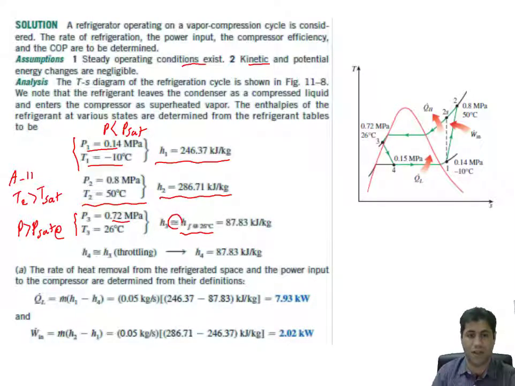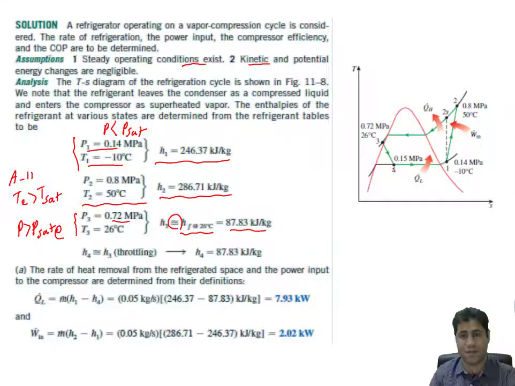It is just an approximation and we have some error in our calculation, but we can use that because it will not affect the final result that much. This is just for simplification. Otherwise, we need to go to the compressed liquid table for the refrigerant. So H3 is approximately equal to the enthalpy of the saturated liquid at this temperature. From table A11 we can read this, and it is equal to 87.83 kilojoule per kilogram.